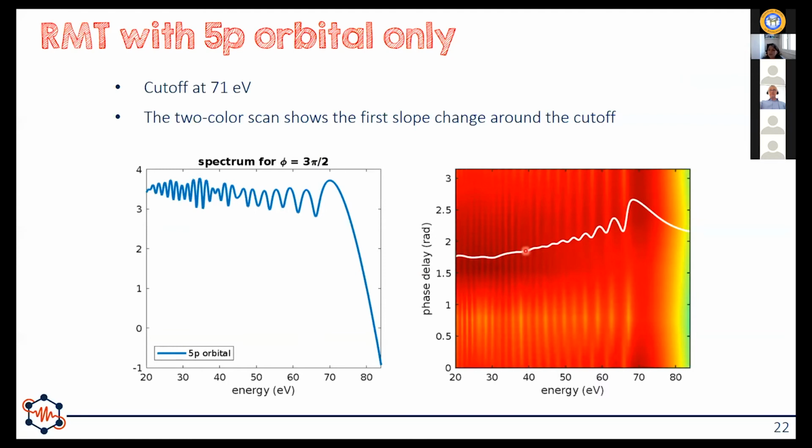You can see a behavior which is similar to the one that we expect in the single active electron picture. So it rises up to the cutoff and then the shape changes beyond the cutoff. And we don't have signal here above 85 eV because we have exponential decay of the harmonic signal, and then we have computational noise rising up. So it's only up to 85 eV.